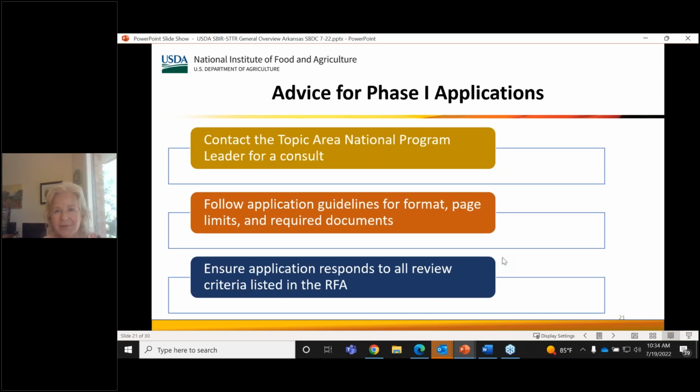And here's some more advice for phase 1 applications. Contact the topic area national program leader for a consult. So going back to our topic areas, I told you that they're very broad, and if you look through our topic areas and you're not sure which topic area your innovation belongs in, then we have an SBIR national program leader, and his name is Dr. David Songstad, and I can put his contact information in the chat in a little while.